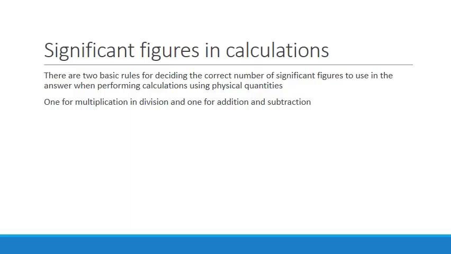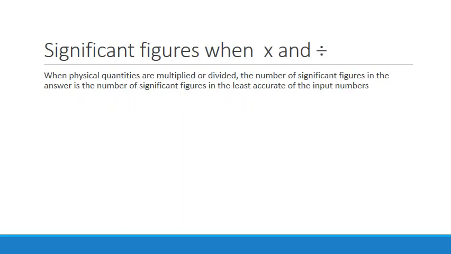So there are 2 rules for deciding the correct number of significant figures when we're adding and subtracting or multiplying and dividing. The rule for when we're multiplying and dividing physical quantities: the number of significant figures in the answer is the number of significant figures in the least accurate of the input numbers.